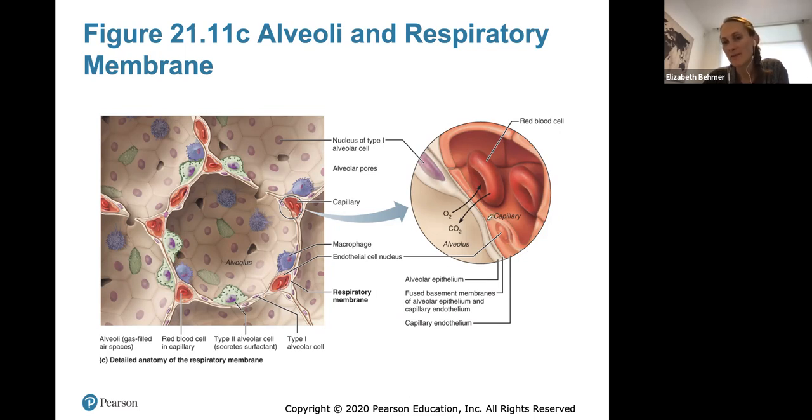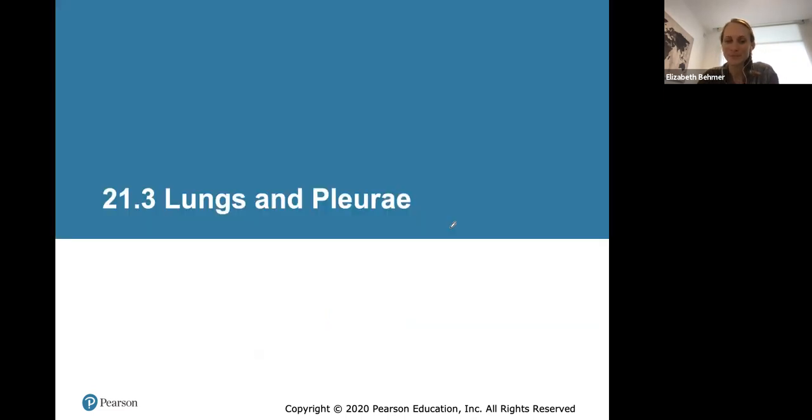And here itself is the membrane: the alveolar epithelium, the fused basement membrane, and then the capillary endothelium. This is incredibly thin, less than 0.5 micrometers, so that by simple diffusion, oxygen diffuses into the red blood cells and carbon dioxide diffuses into the alveoli.